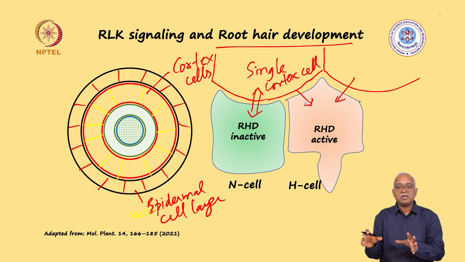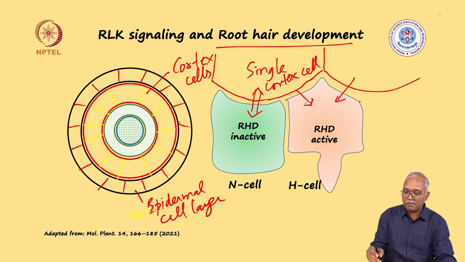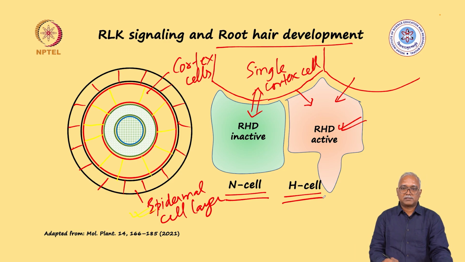This positional signal itself is good enough to make them undergo certain transcriptional programming which will ensure that the cell which remains under a single cortical cell acquires a non-root hair cell identity, and the other one which has contacts with two distinct cortex cells makes this particular thing active, which is root hair development, and acquires the root hair cell identity.